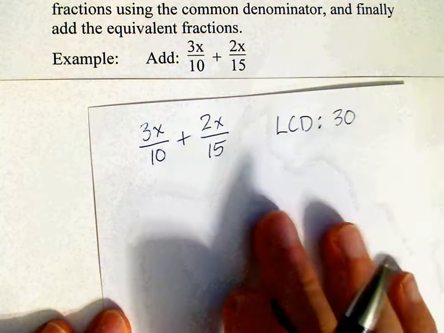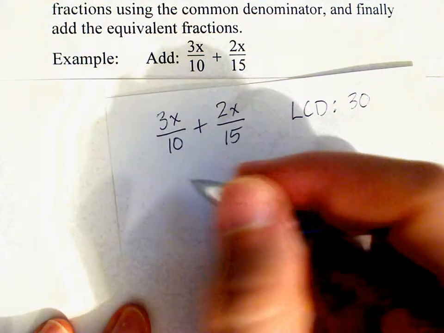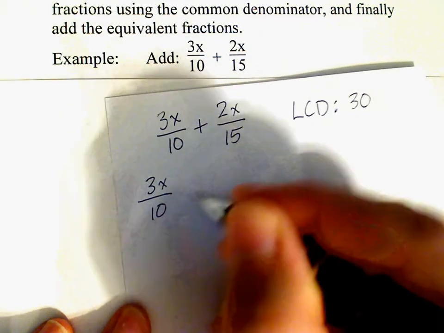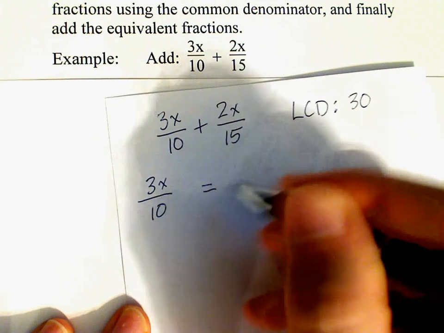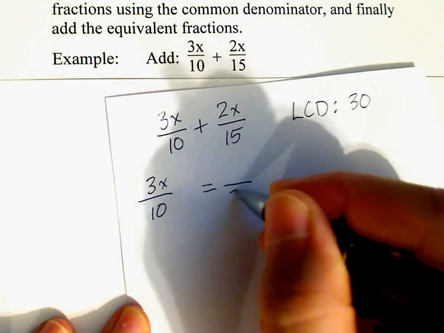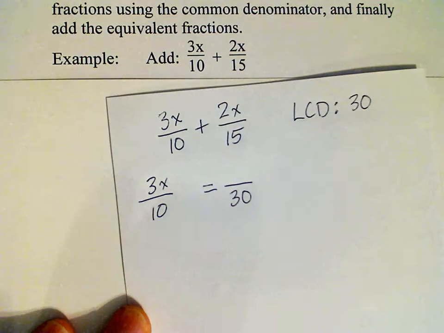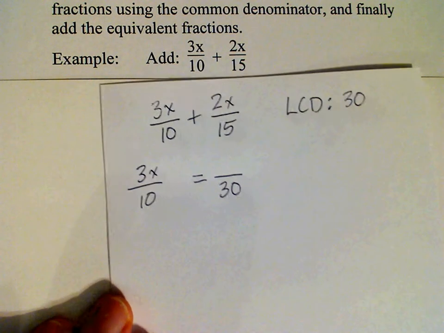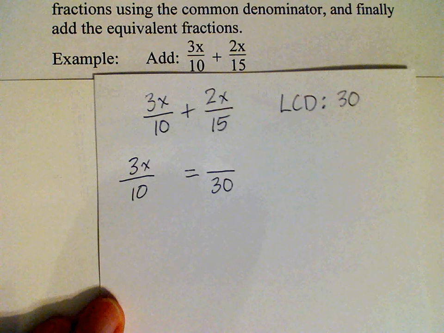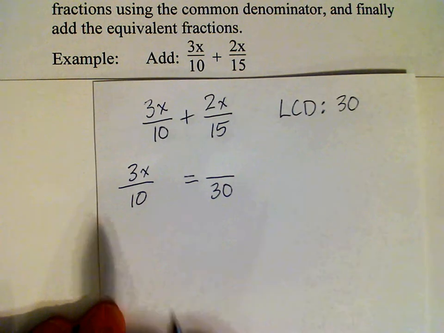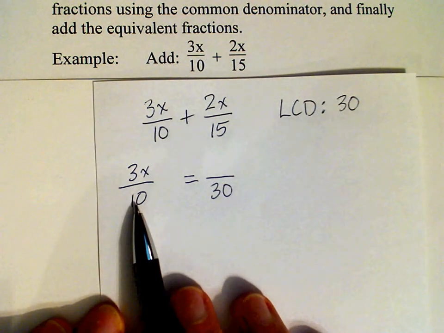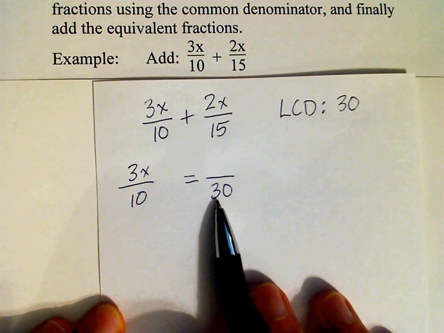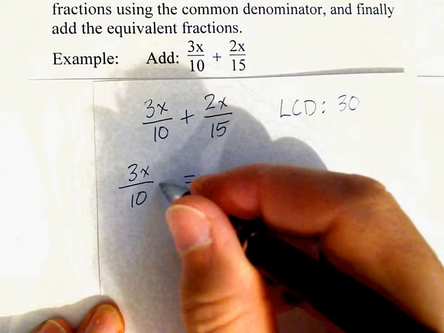Next, we need equivalent fractions for our algebraic fractions, so we need to write 3x over 10. And then we're going to end up with our denominator 30 there. And then we have to ask ourselves, what do we need to do with this fraction so that the denominator becomes 30?